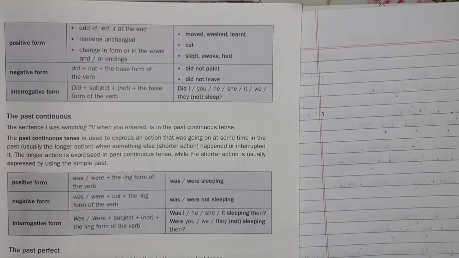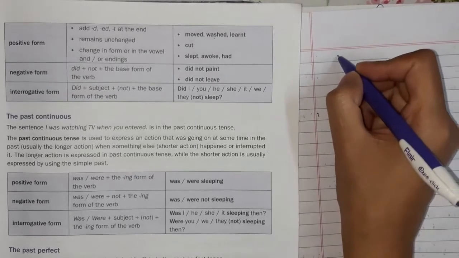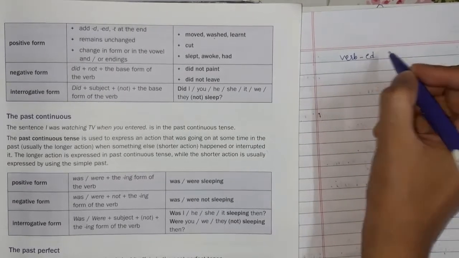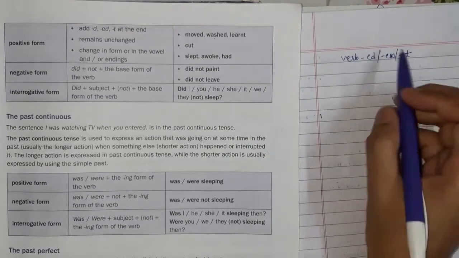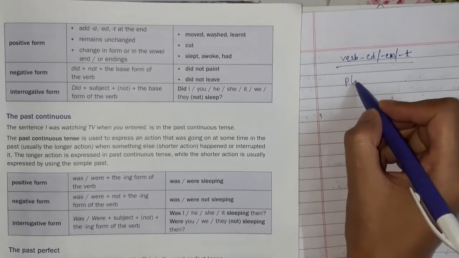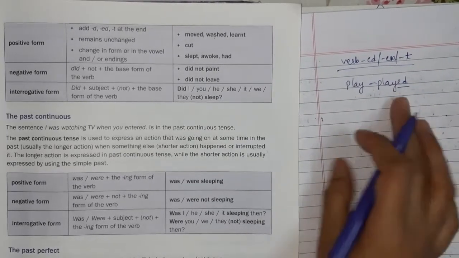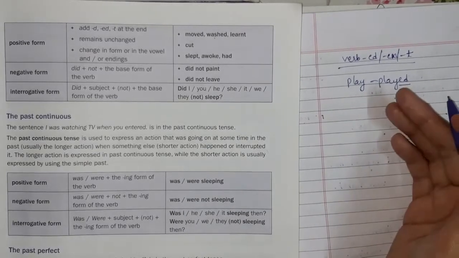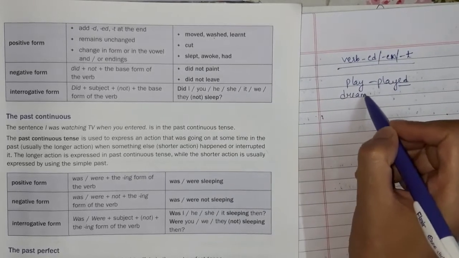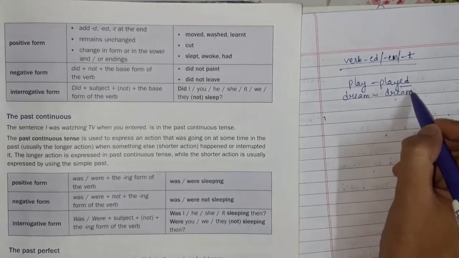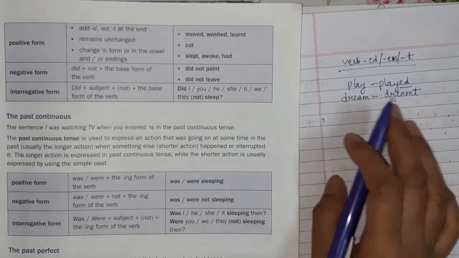Basically we know that simple past forms are made by adding ed or en or t at the end of the verb. For example, play becomes played, and it becomes simple past tense. In this way there are so many verbs, like dream becomes dreamed.